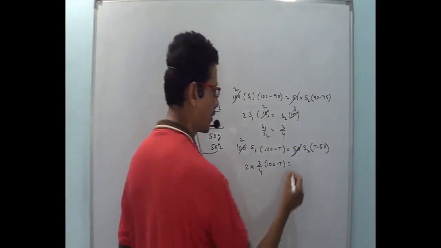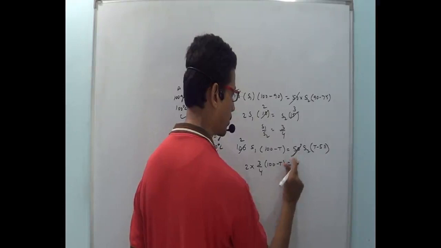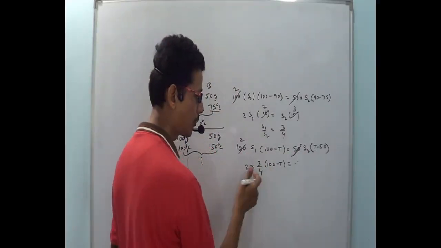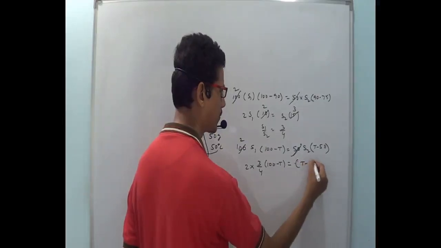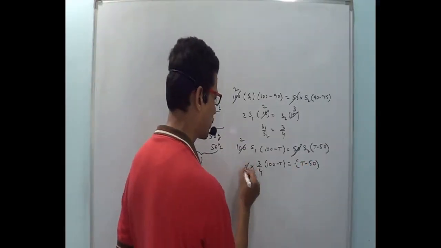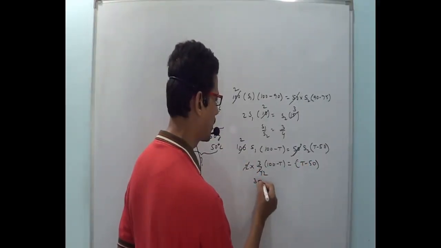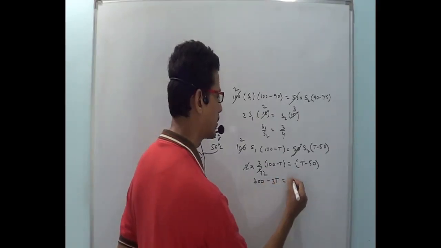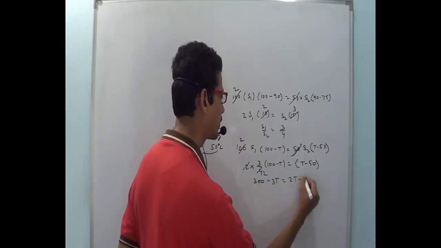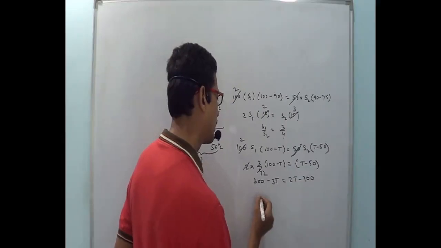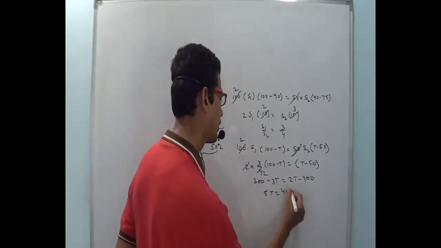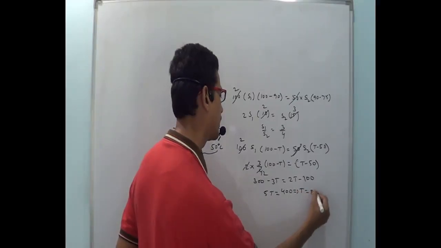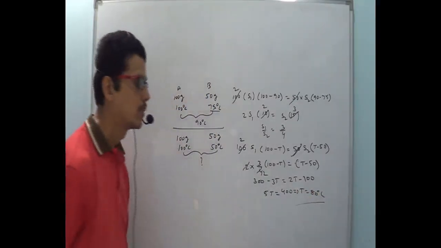S2 I have already taken to this side, S1 by S2 I have taken as 3 by 4, and this is T minus 50. This goes 2 times, and 300 minus 3T is equal to 2T minus 100. That is nothing but 5T is equal to 400, and T is nothing but 80 degrees centigrade. That is the answer.